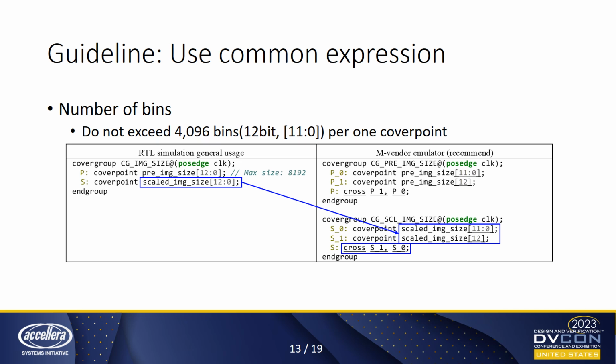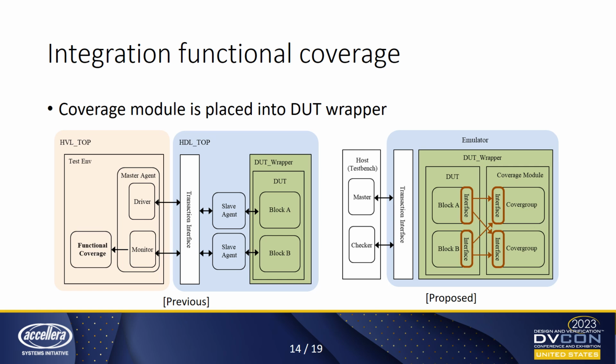Using this way, we can define the functional coverage having over the maximum number of bin counters. There are other examples to explain the functional coverage coding guidelines in my papers, so you can refer to my papers.